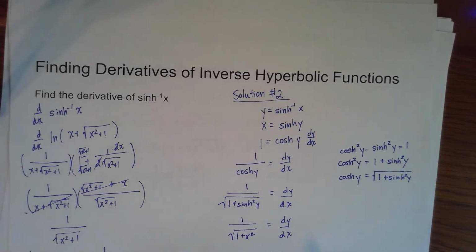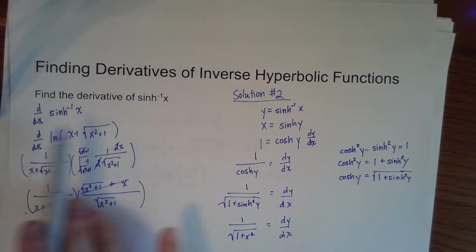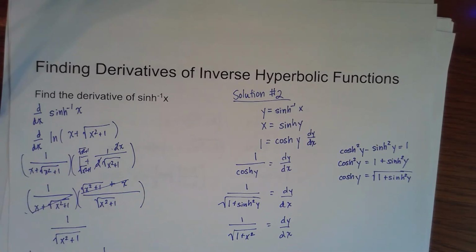So either way, we can use implicit differentiation or the differentiation straight from the logarithmic definition. This one definitely has a lot of room for error because you have to remember to use the chain rule multiple times and such.